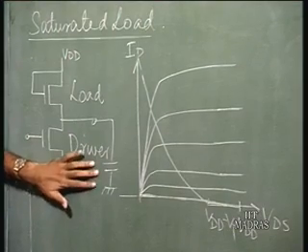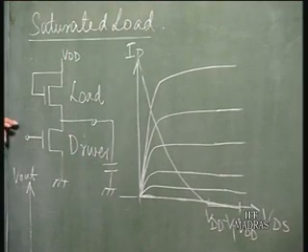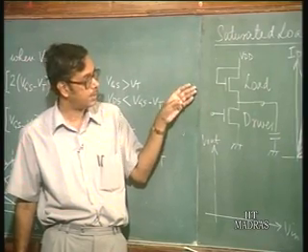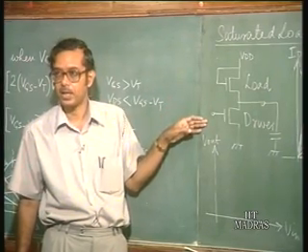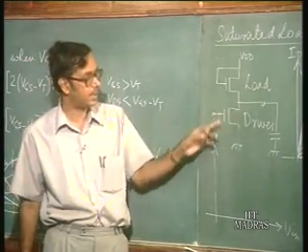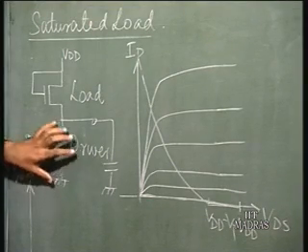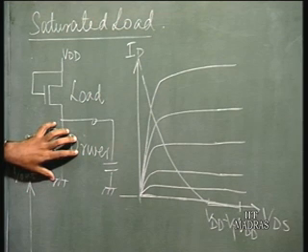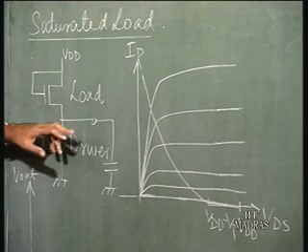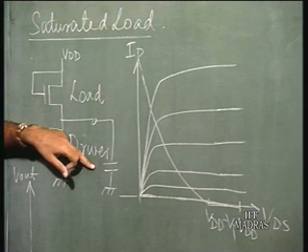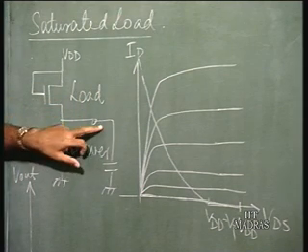Now, what happens is when the input voltage goes from high to low, so that the driver device is cut off, that is basically the input voltage is less than VT, the driver transistor is off. The capacitance will be charged by the load device, which is on, and the output voltage was low.